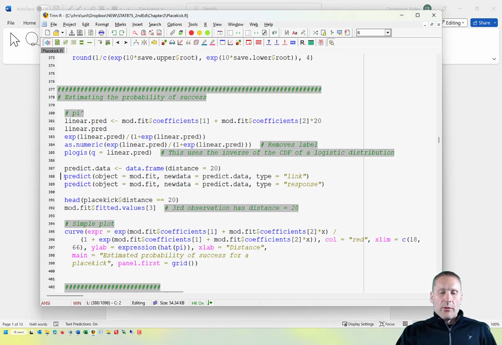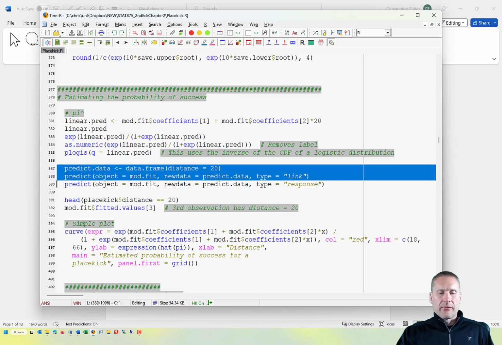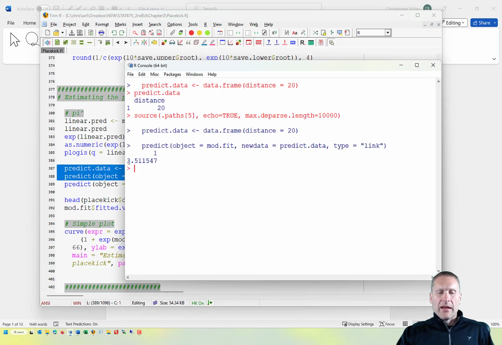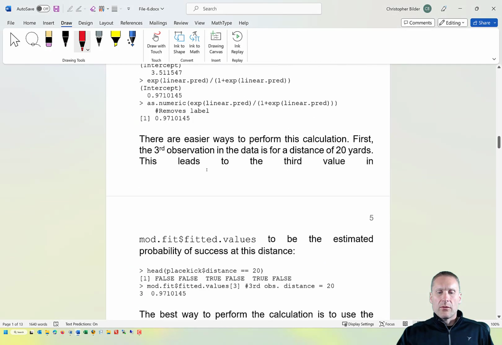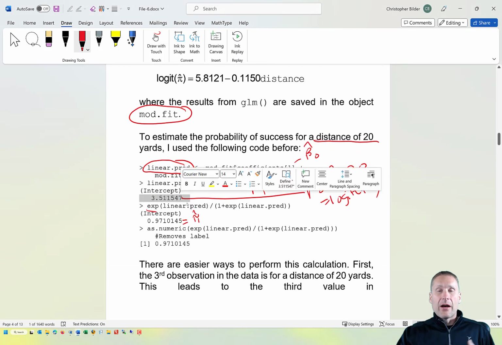Next, I'm going to use the predict function. I need to specify where my information about my model fit is located in the object argument. And then the newdata argument tells R what I want to predict at. Well, distance of 20. So I go back to my data frame and specify that right there. To begin, I'm going to use type equal link. And so what you're going to see is I get 3.51. If I come back over here to Word, we've actually seen that value before. That was my beta hat 0 plus beta hat 1 times 20.